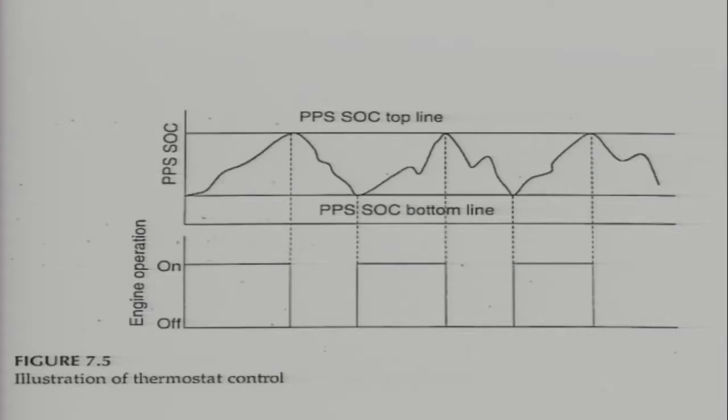So this is the maximum value, this is the minimum value, and when the PPS reaches its maximum SOC, the engine gets off here. When it again reaches the bottom line, engine gets on. So this is the on off strategy or thermostat control strategy of series hybrid electric drivetrain.